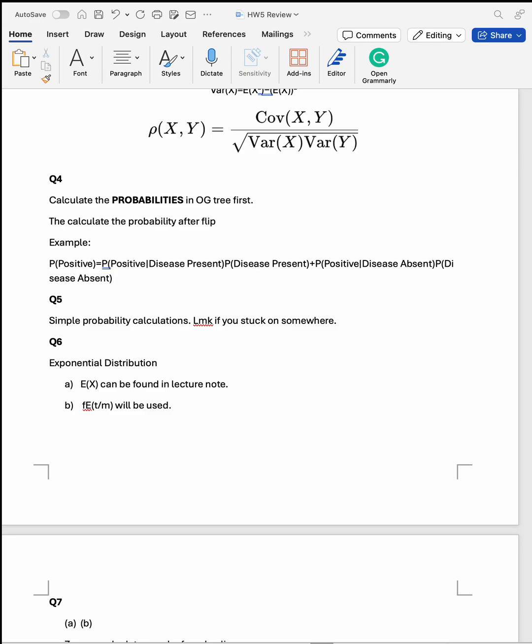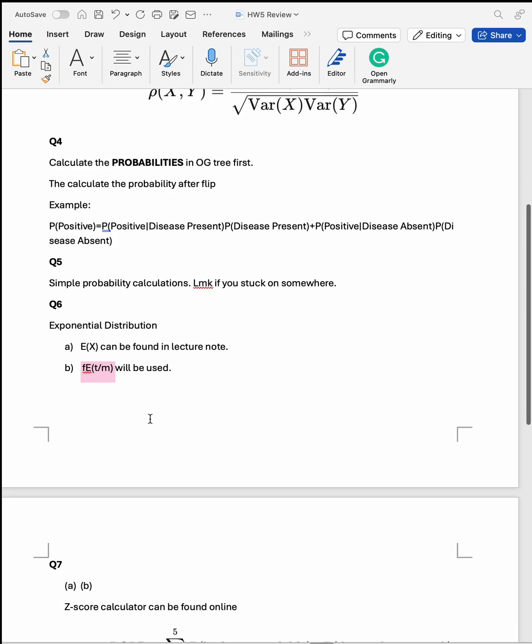In the first part, you can definitely find the expected value of x in the lecture notes, so I won't say too much about it. For part B, there's also an equation under the exponential distribution section of the lecture notes, the probability function, that you can find there.